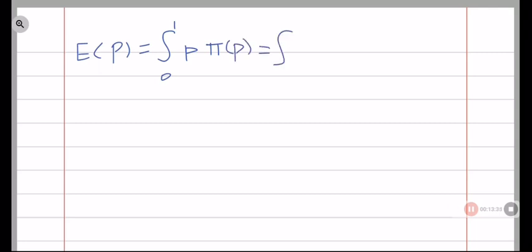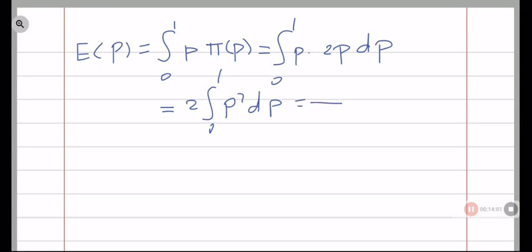So that would be the integral from 0 to 1 of p times 2p dp, which is 2 times the integral from 0 to 1 of p squared dp, which is equal to 0.666.